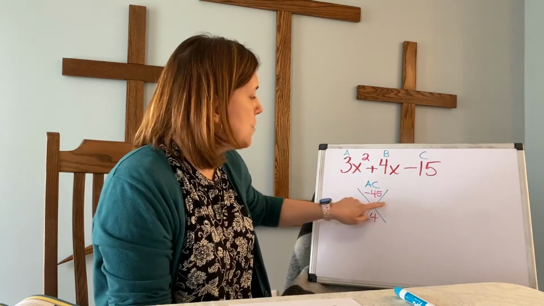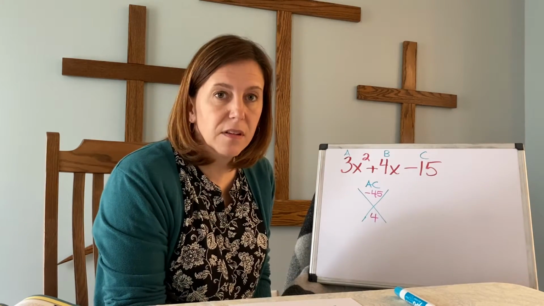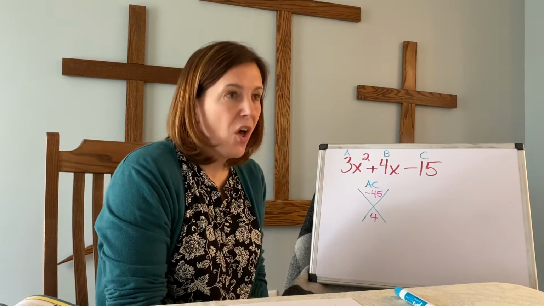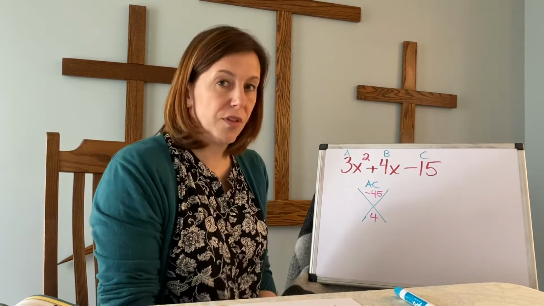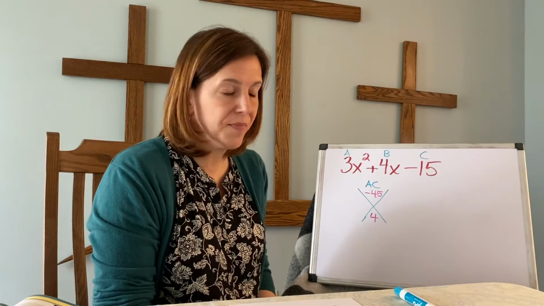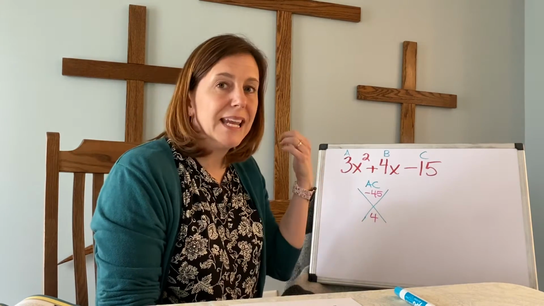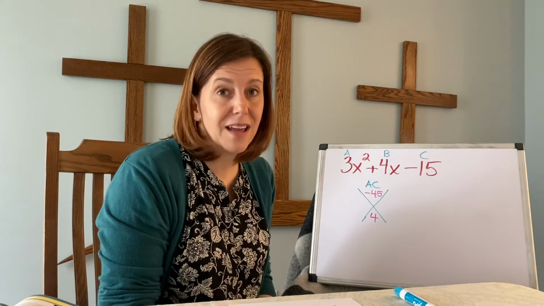That means I need 2 numbers that multiply together to get me negative 45, but add together to get me 1. Well, as you can imagine, as soon as I have an A other than 1, I'm going to have a lot more factors possible. So I'm going to need to be quick on listing my factors, and a calculator may come in handy.